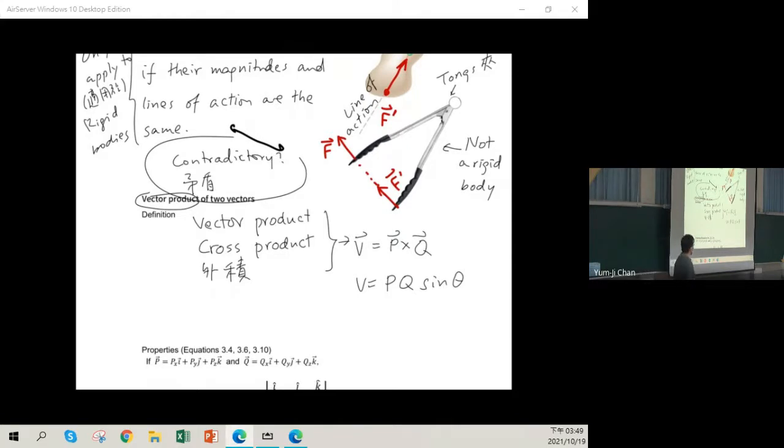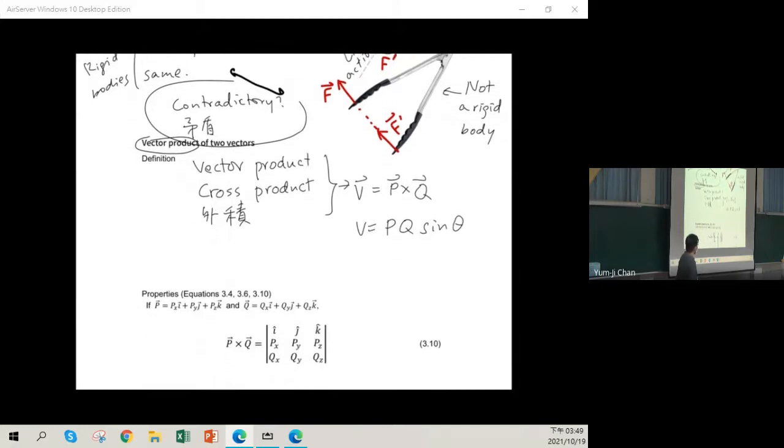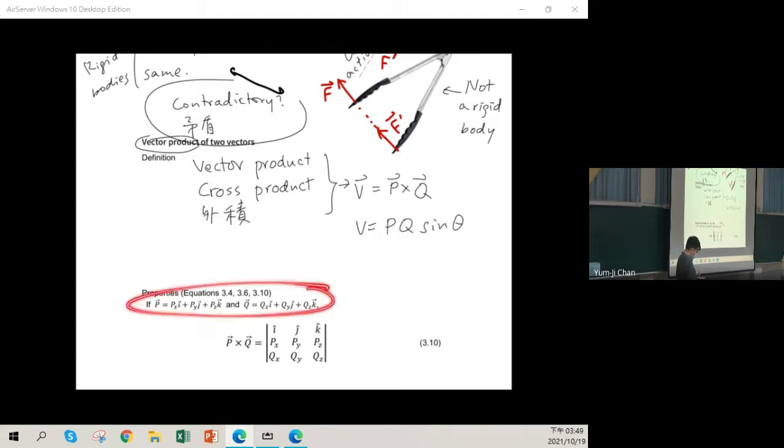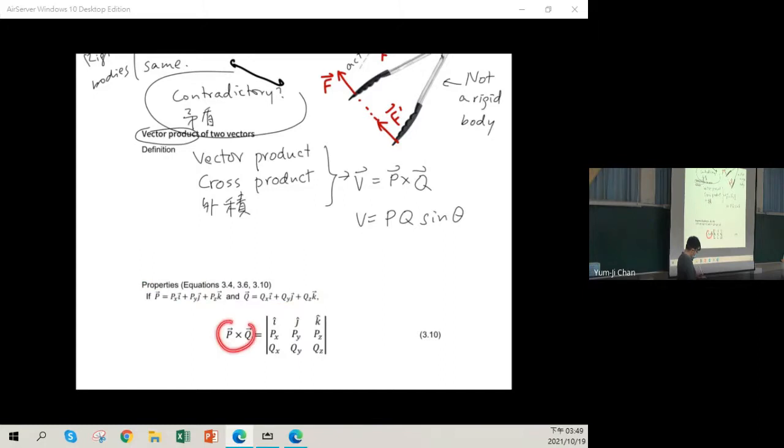And to calculate these cross products, if P and Q are like this, P cross Q is equal to the determinant of this form.